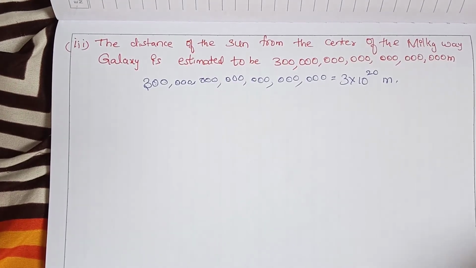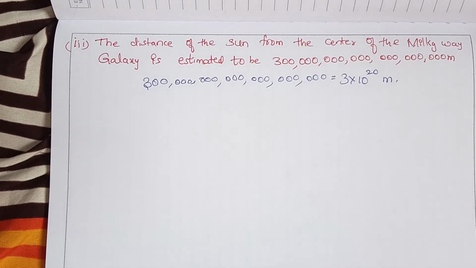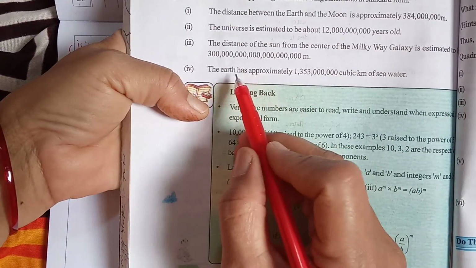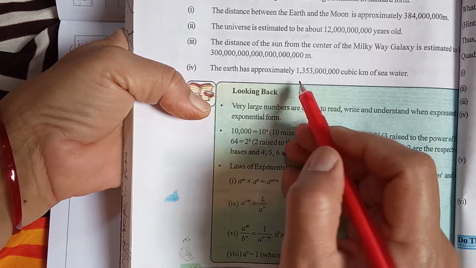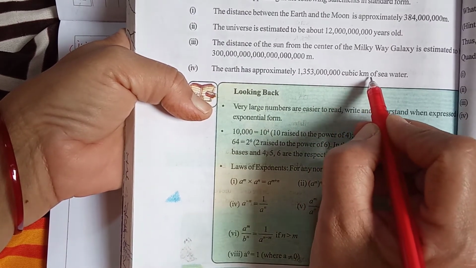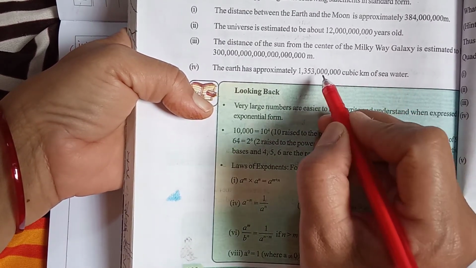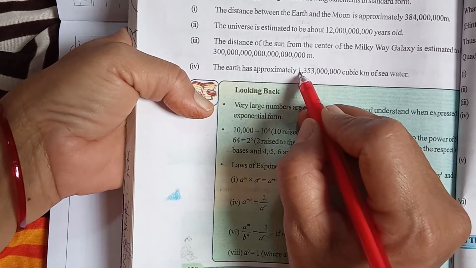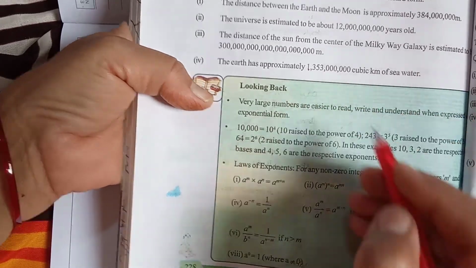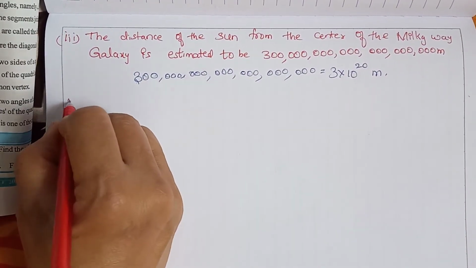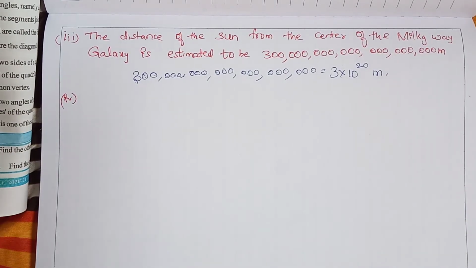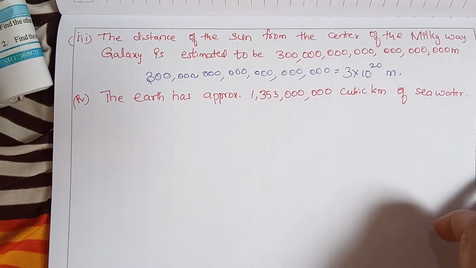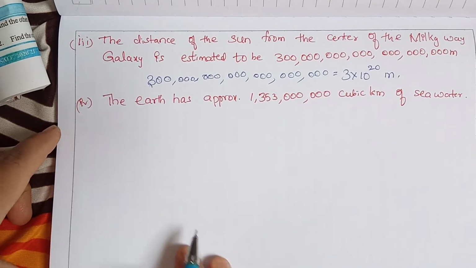Okay. Next question. The last question, children. The earth has approximately cubic kilometer of sea water. So this is 1 billion. Next question, the fourth one. Yes children, this is the last question of this chapter.